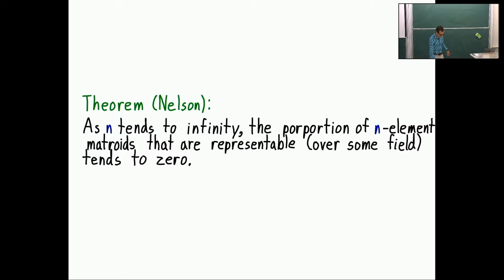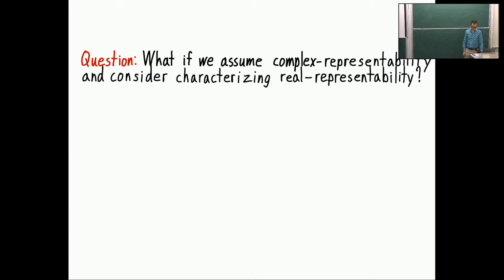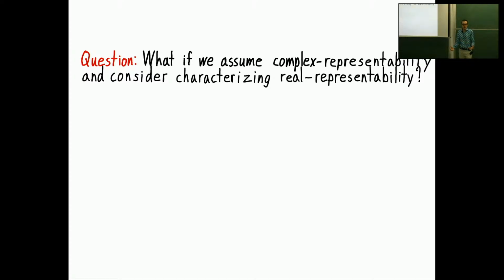So maybe this is the issue. What if we restrict to characterizing real representability when we know that it does actually correspond to linear independence over some field? And let's do even stronger than this. Let's just look at complex representability, because if something is real representable, it's going to have to be complex representable.